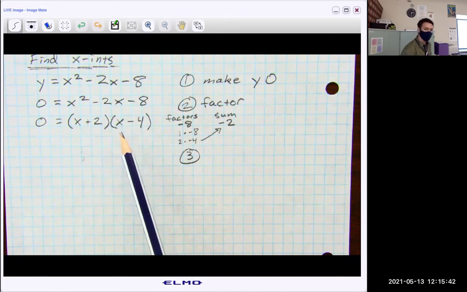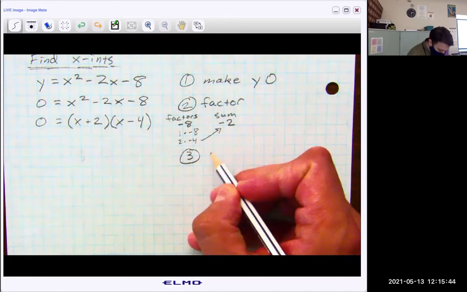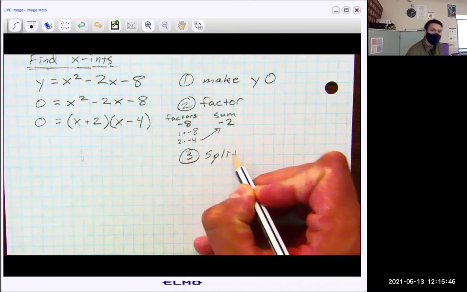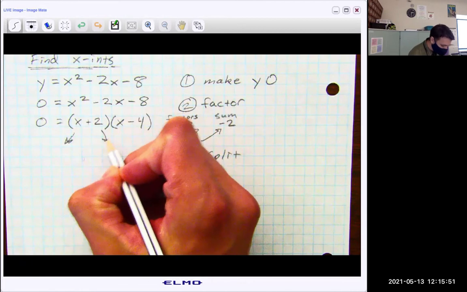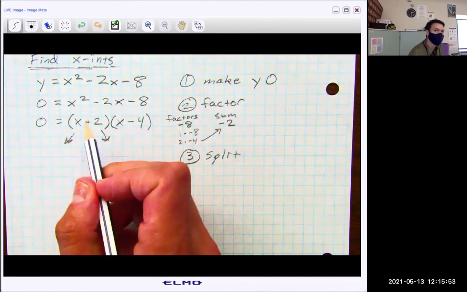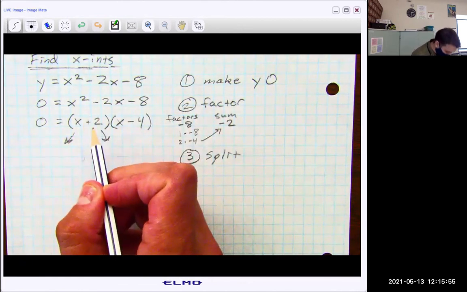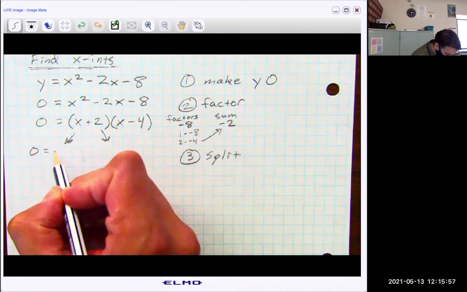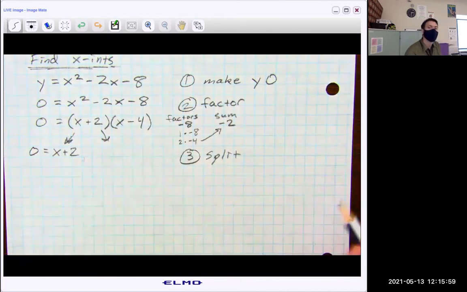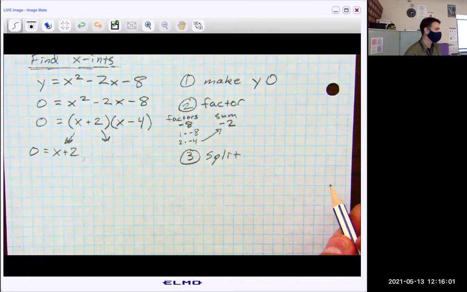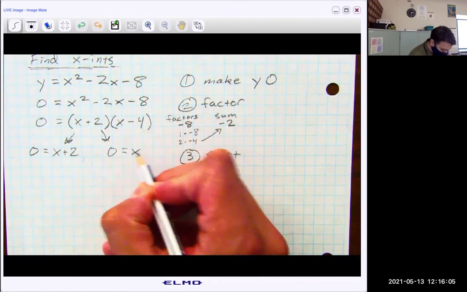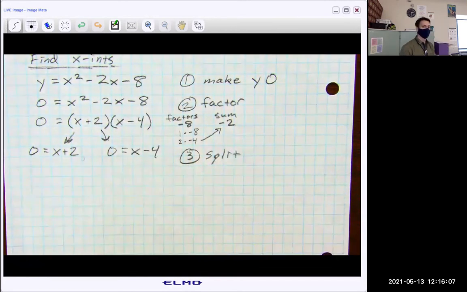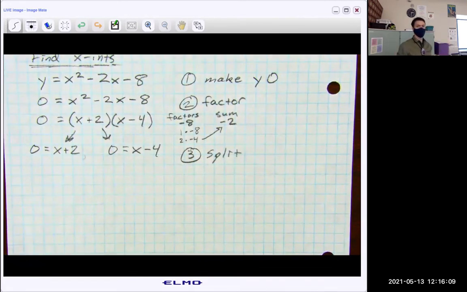So what we do then is we do this thing I like to call a split. We split these apart. We say, well, what if the x plus 2 was 0? Well, we'd write it like this. 0 is x plus 2. But then we say, but what if the other one was 0? Well, you'd write 0 equals x minus 4. What we're doing is we're solving both of them separately.